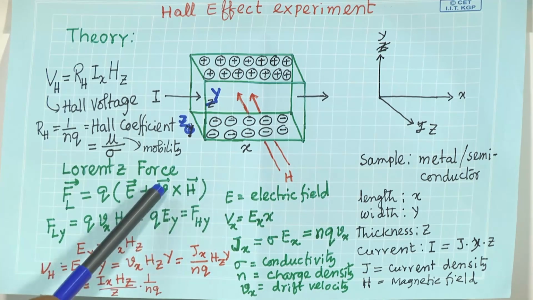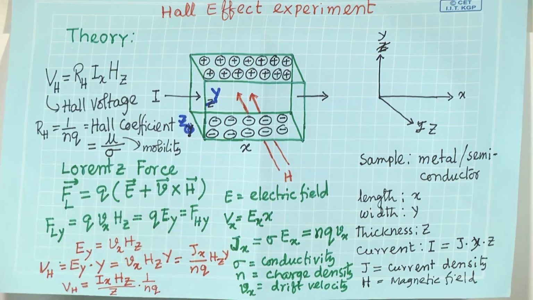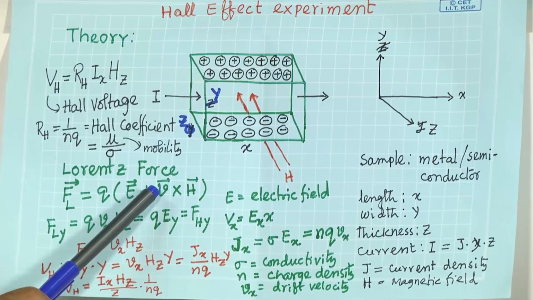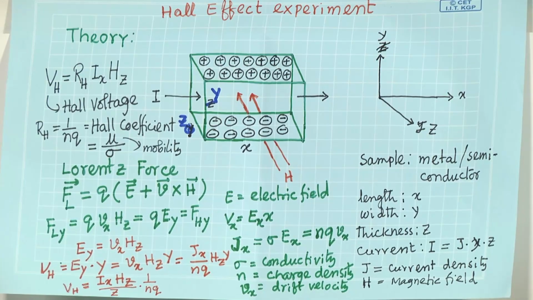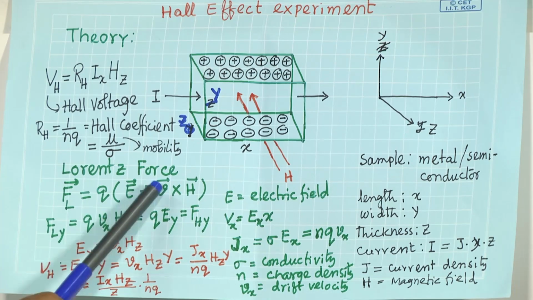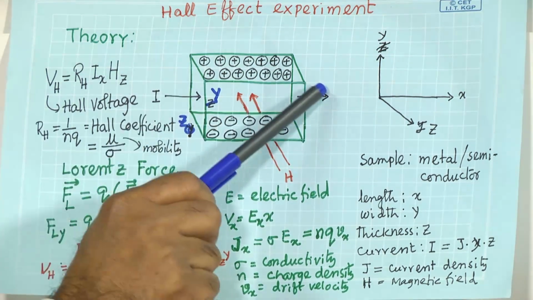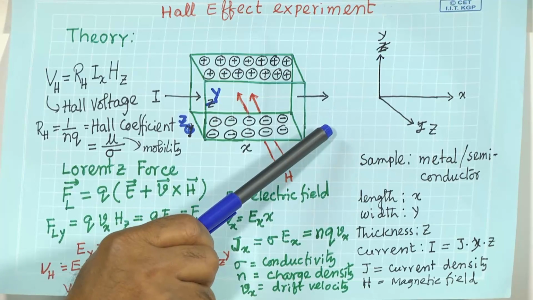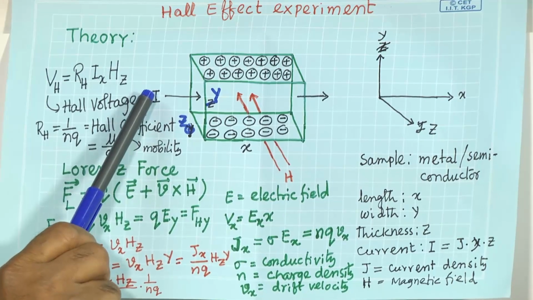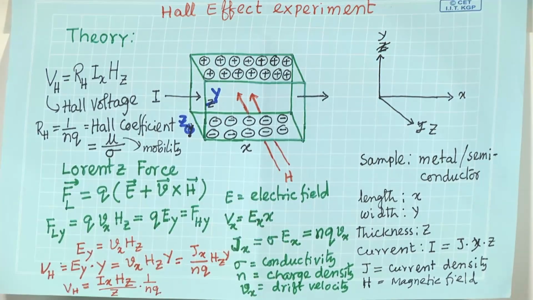Now, what is v? This v is not voltage. This v is the drift velocity of the carrier. When the electric field is applied along the x direction, current will flow along the x direction. That means the carriers will move along the x direction, and will have a velocity. That is called drift velocity.